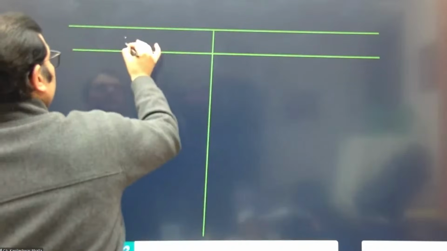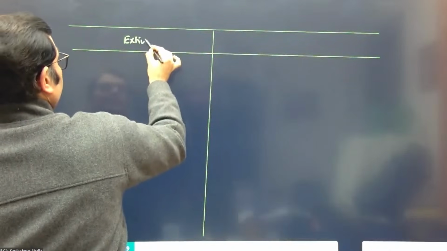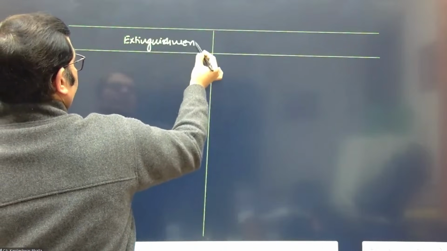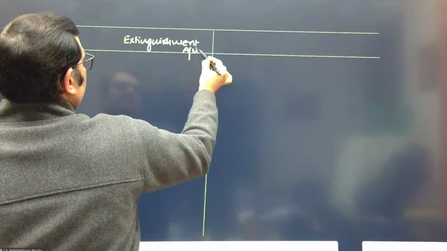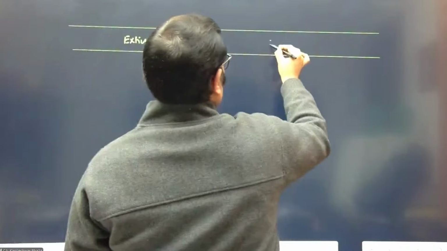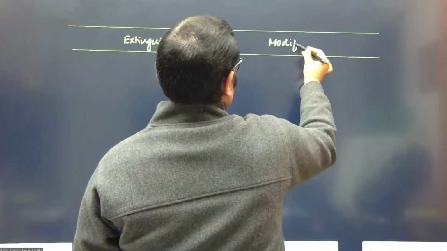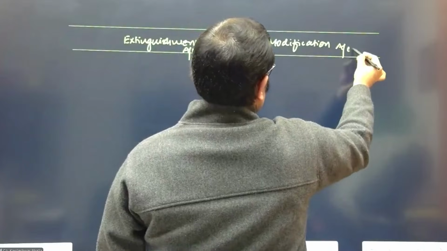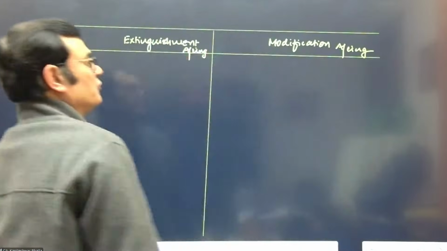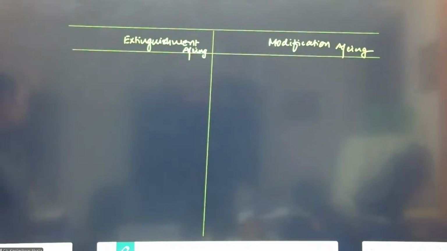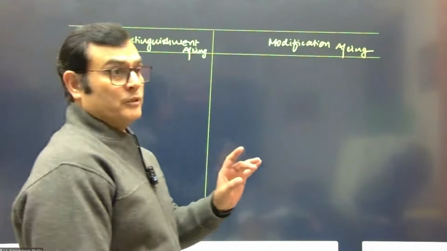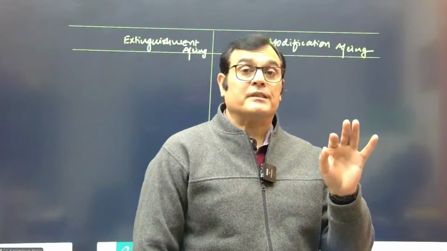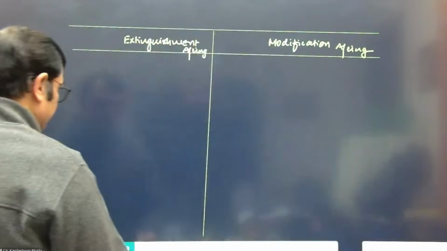If we reach a conclusion that it is extinguishment accounting, then what? And if it is modification accounting, then what? What happens if there is extinguishment, and what happens if there is a modification?